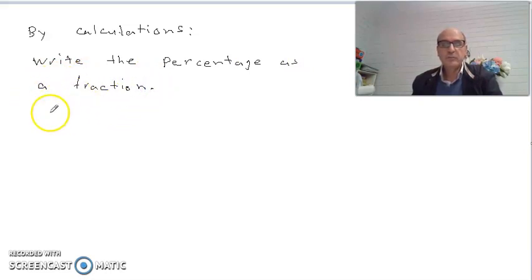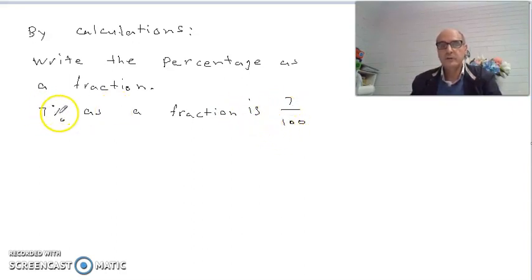Okay, to refresh your mind, say 7% as a fraction is 7 over 100. Remember, percentage is always out of 100. So 7 goes at the top, and 100 is coming from your percentage.